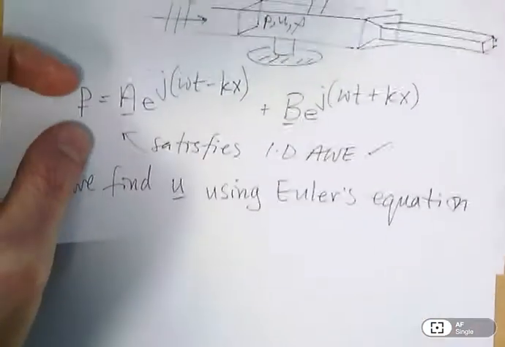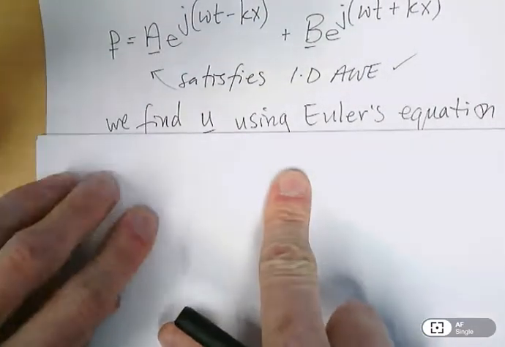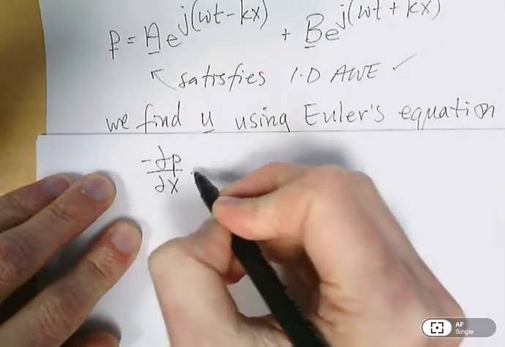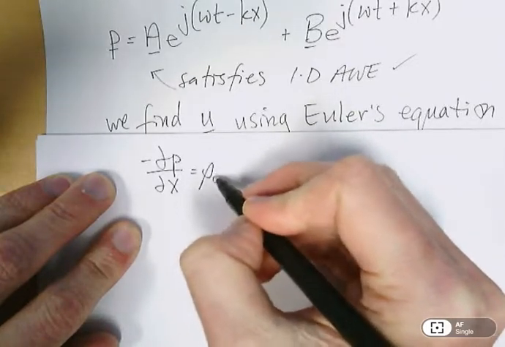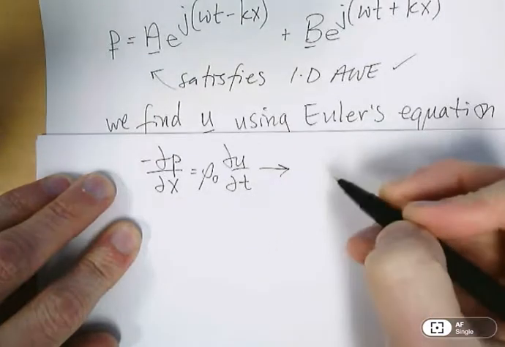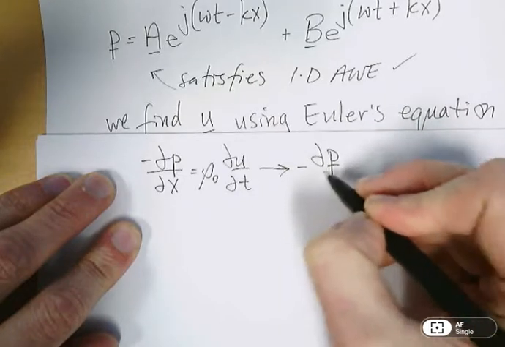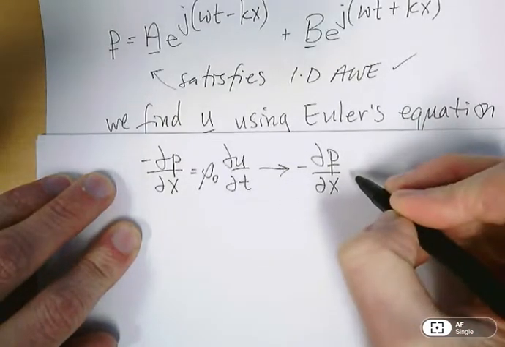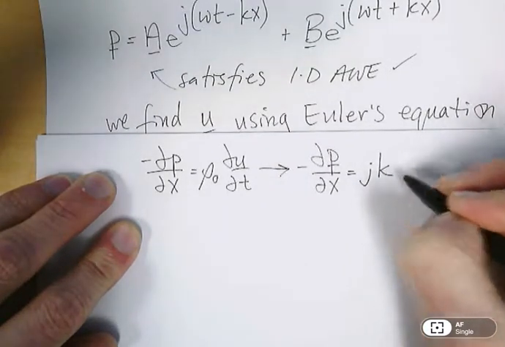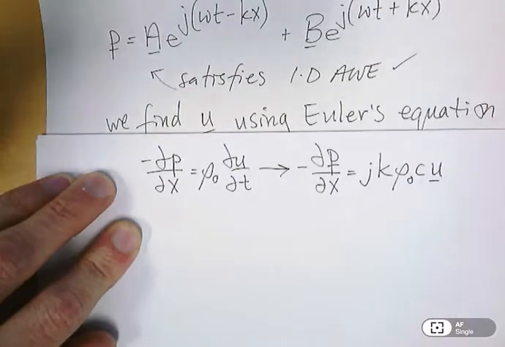While the general form of Euler's equation is minus del P del x is equal to rho naught del u del t, for time harmonic waves we have minus del complex P del x is equal to j k rho naught c times the complex particle velocity.